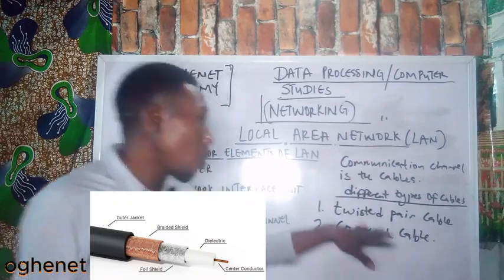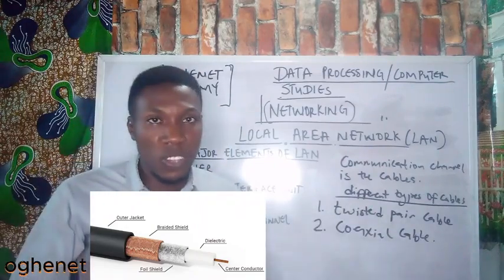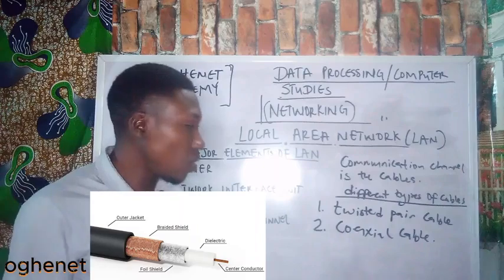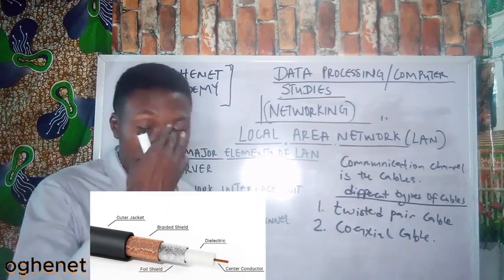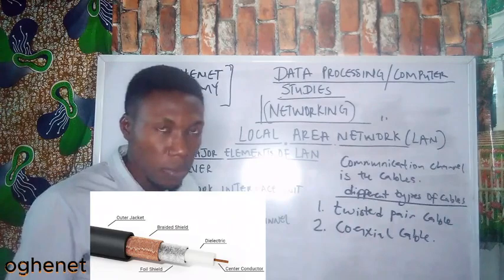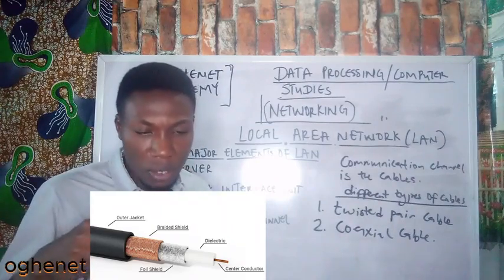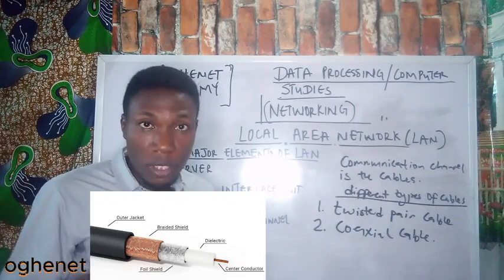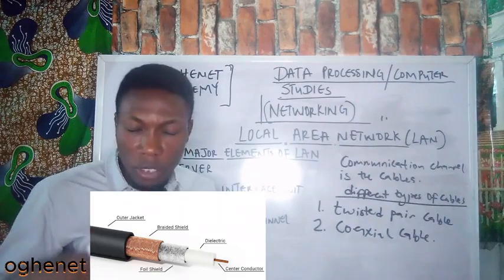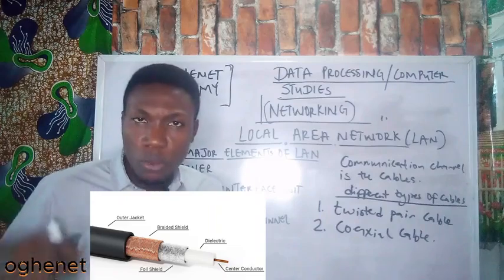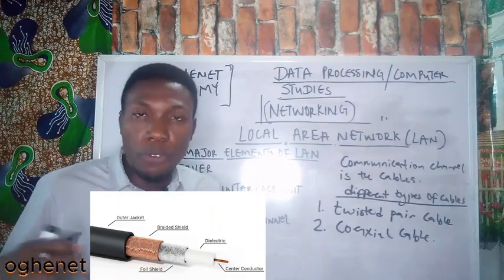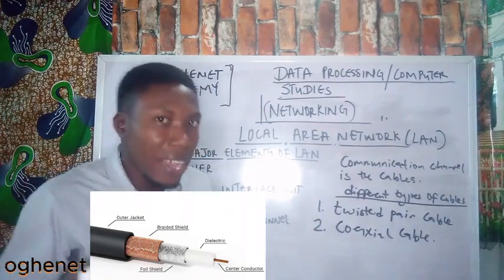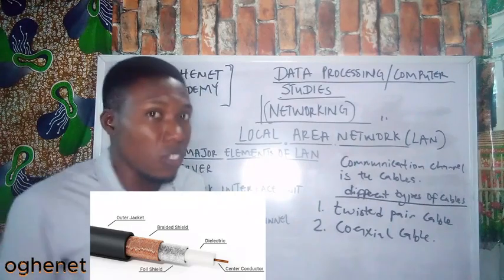Coaxial cable. Now, instead of the wires being twisted to avoid interference, you can see that there are different levels. If you look at the image, after that black outer covering, you will see another inner shield, and after that a kind of whitish rubber, before you see the copper wire which actually transmits the signal.